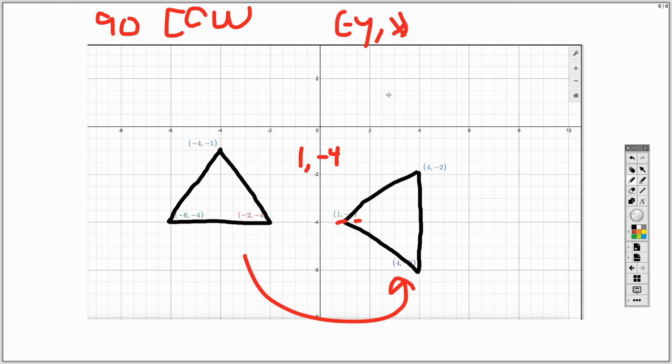Then we have the coordinate of (-2, -4), and with (-y, x), we would flip it first, so it'd become (-4, -2), and then we have to do the opposite operation, so this would become plus. So is it (4, -2)? Yes. And then you can do the same with (-6, -4), and you get (4, -6). So we can see a 90 counterclockwise rotation.